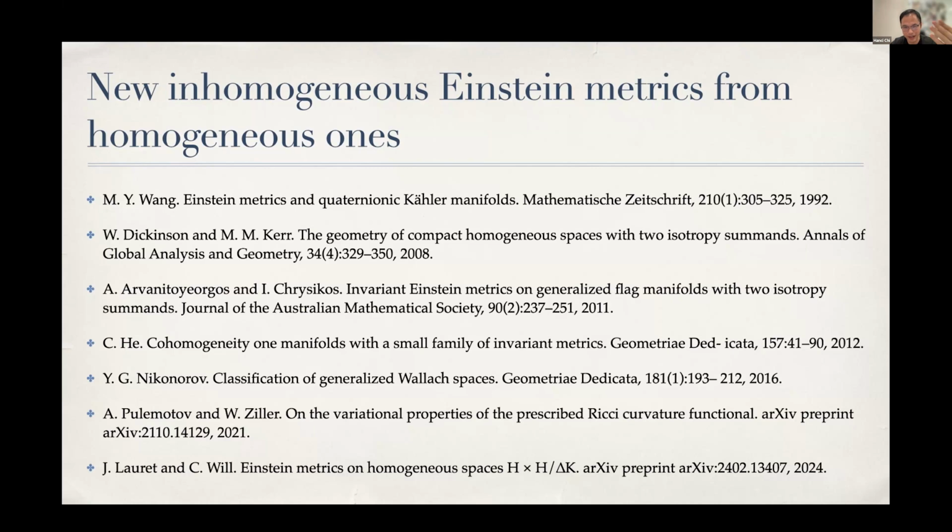I will not name them one by one, but perhaps the most commonly used one is the classification paper by Dickinson and Kerr, and also very recent work by Lauret and Will. They also generate two interesting examples, and I will talk more about them in a more specific way.